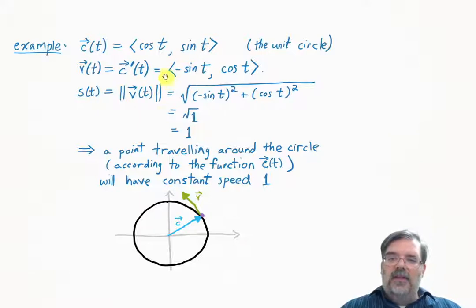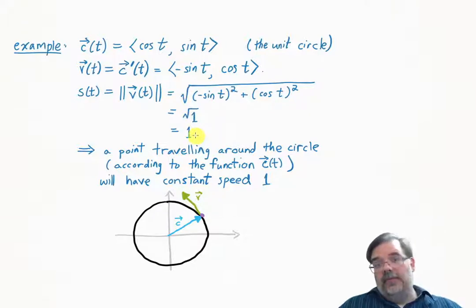So the magnitude of the velocity function is the square root of the first function squared plus the second function squared. But in this case, the negative cancels out because of the squaring. You'll get sine squared t plus cosine squared t, which is actually equal to 1. You have the square root of 1, which is 1.